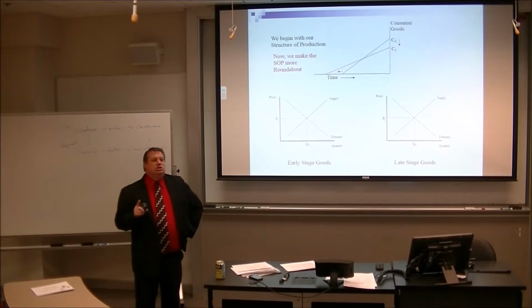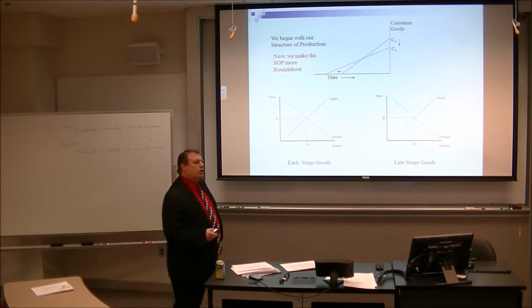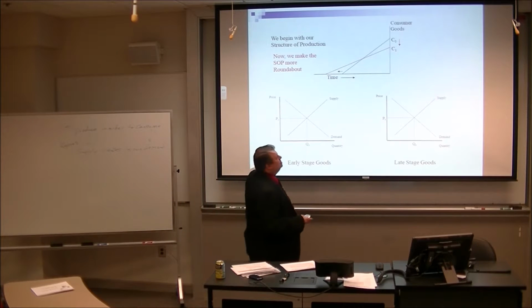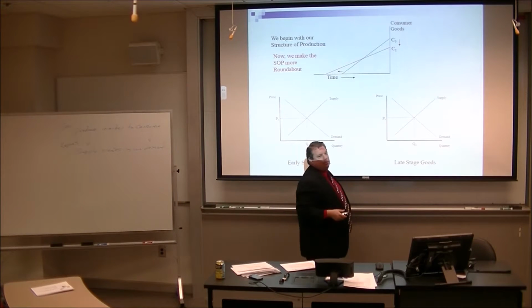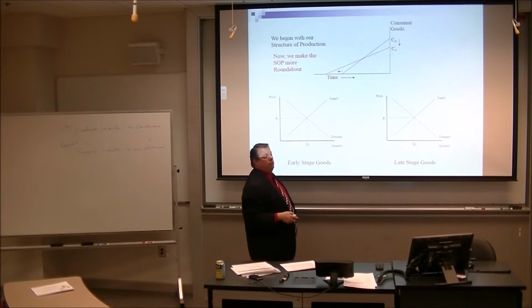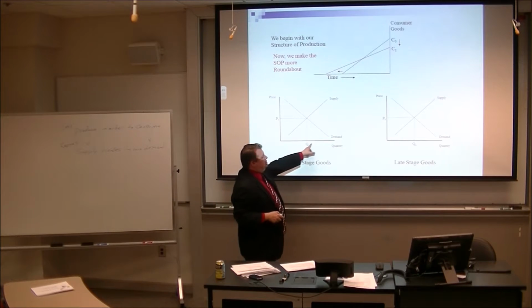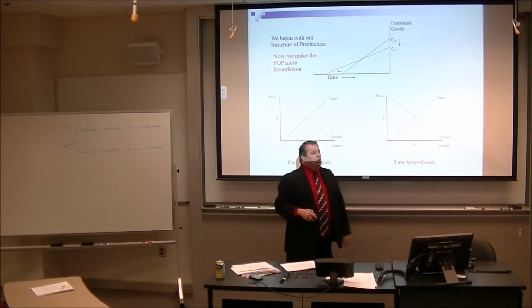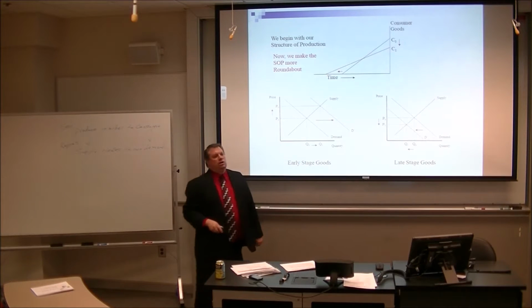We first need to increase savings. What is that? Deferred consumption. When we defer consumption, what happens to C up here at the top? It goes down. What's the impact then in these other markets for our early stage and our late stage markets?